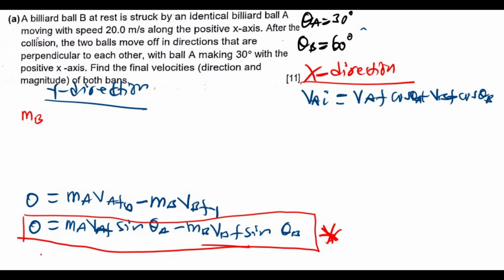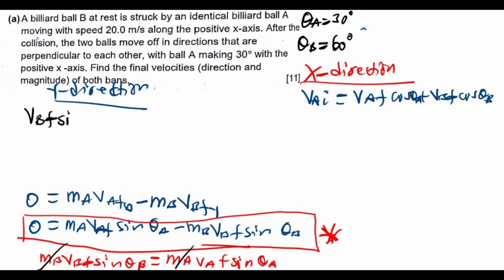So we have MB VBF sine theta B is equal to MA VAF sine theta A. Since the mass is the same, we'll end up cancelling the mass. So we'll have the final formula for this question to be VBF sine theta B is equal to VAF, which is final, sine theta A.